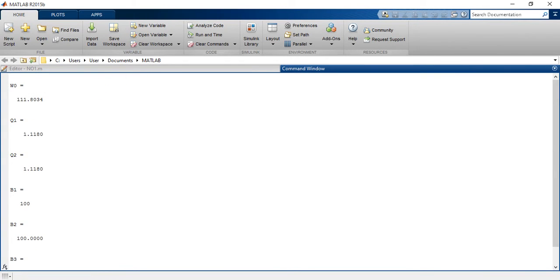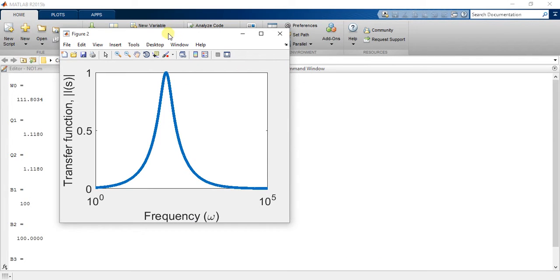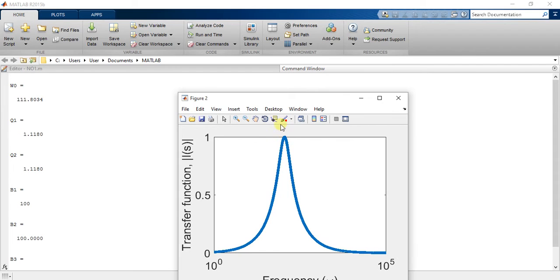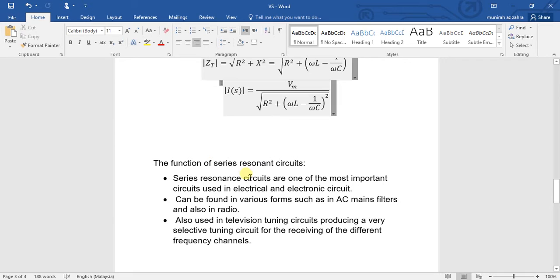Omega naught equals 111.8034, Q1 equals 1.1180, Q2 equals 1.1180, and B1 equals 100. From the graph we can read omega naught as 112.7, which is approximately 111.8034. Now we can discuss the function of series resonance circuits.